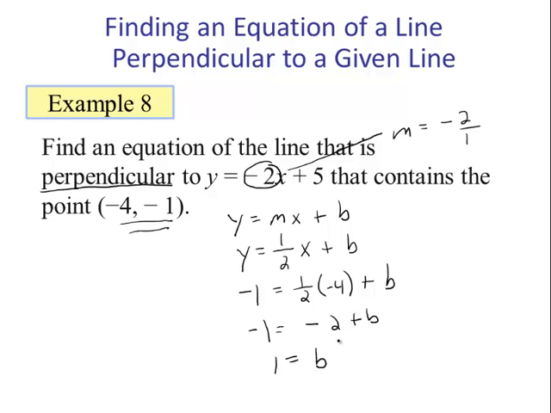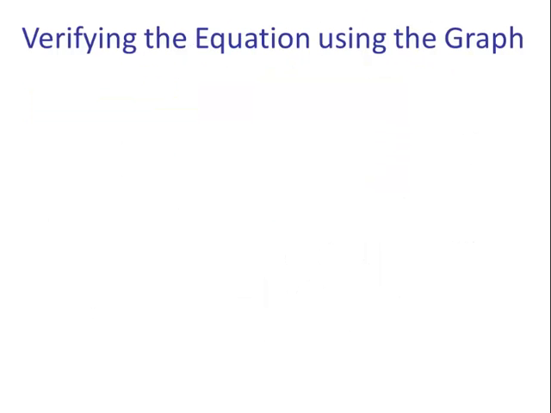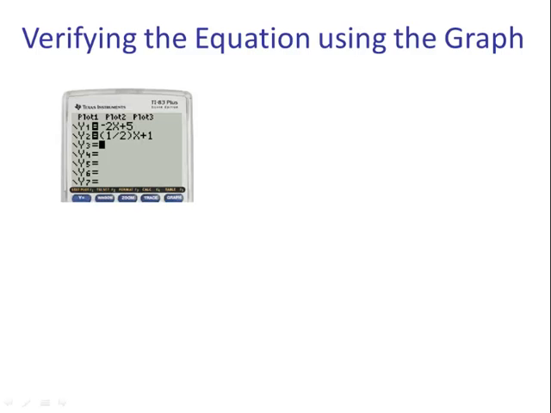So b equals 1. So our equation is y equals 1/2 x plus 1. That is perpendicular to y equals -2x plus 5, and it contains the point (-4, -1). To verify this using our graphing calculator, in the y equals, we type in the first equation, -2x plus 5, and then for y2 we type in our answer, 1/2 x plus 1.